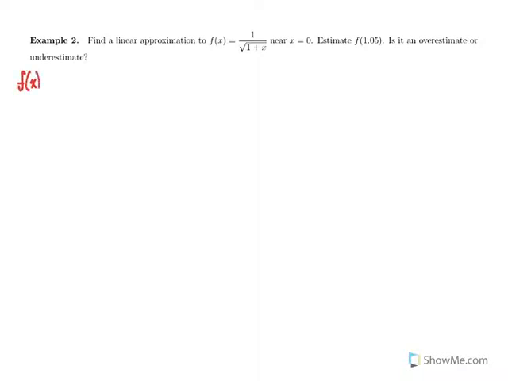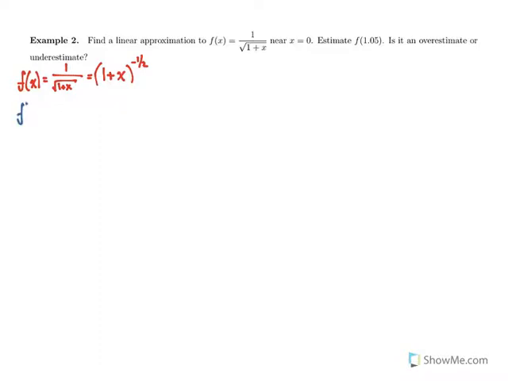Here our function is 1 over square root of 1 plus x, which we can write as (1 plus x) to the negative 1/2 power. And for finding the derivative, that's going to be a lot easier to do.